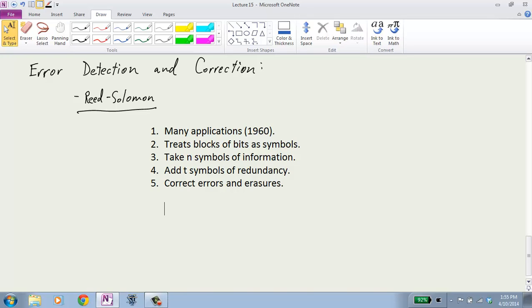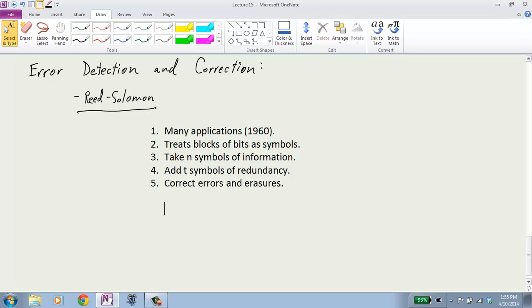Now, an erasure is different. An erasure is if you somehow knew it's been erased. You somehow know that there is an error at a certain location, but you don't necessarily know how to correct it. Now, if you knew where errors were in bits, if someone told you there's an error here, you'd go flip the bit, right? But remember, the Reed-Solomon codes are acting over groups of bits.